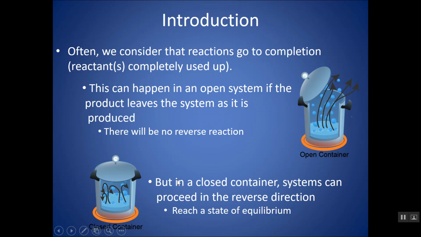Now, if I had a closed system, you can actually start having the reaction go in the reverse direction as well, not just going forward. So if I were to boil a pot of water and put the lid on top of it, what you're going to start to notice is as the gas builds up, some gas is going to start turning back into liquid, condensation is going to occur, and the reaction is going to go in the reverse direction.